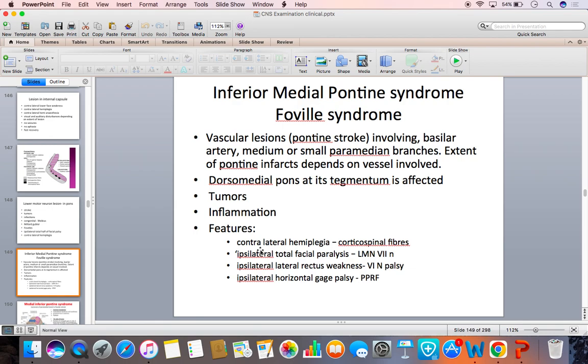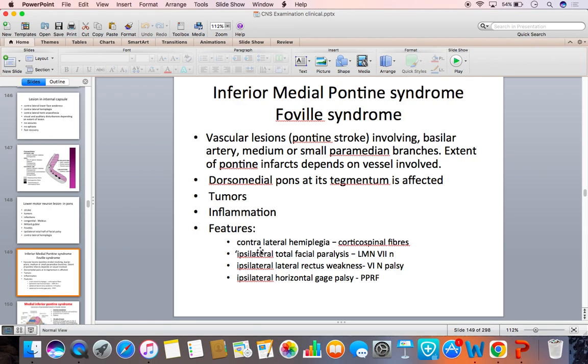Remember three important points in the Foville syndrome, or four important points. It is associated with ipsilateral facial palsy, including the total face. Number two, it involves the sixth nerve, causing paralysis of the ipsilateral lateral rectus, resulting in weakness of abduction of the eyeball.